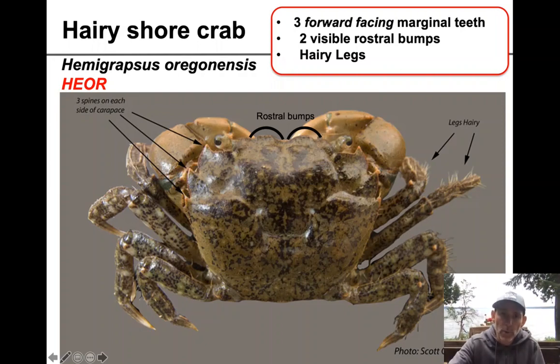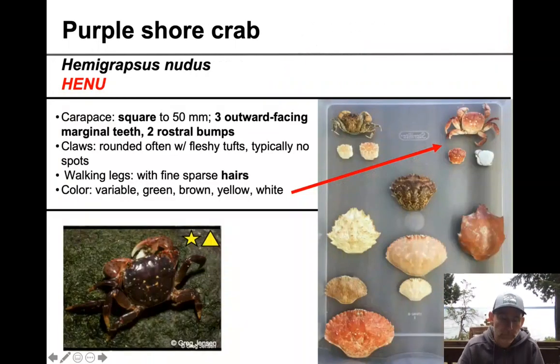Now these features are important. One, because they'll help you identify the hairy shore crab from European green crab, but they'll also, more importantly, help you identify the hairy shore crab from their native cousin, the purple shore crab. The purple shore crab's scientific name is Hemigrapsus nudus. Its code is HENU.